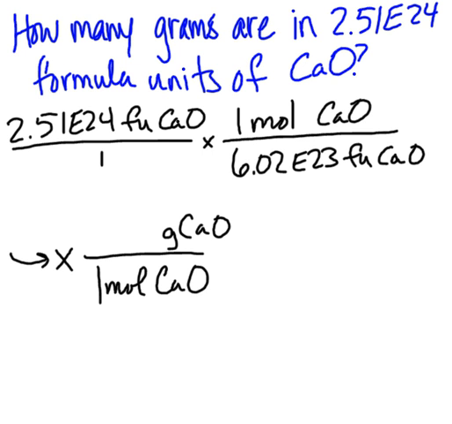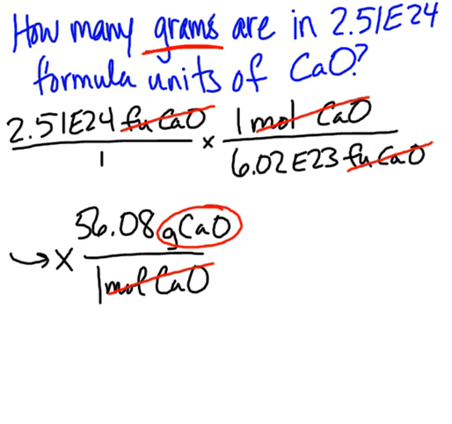Where would I find the molar mass of calcium oxide? I would look on the periodic table, and I get 56.08 grams of calcium oxide. So my moles will cancel out. My formula units of calcium oxide will cancel out. I'm left with grams, which is what I want.